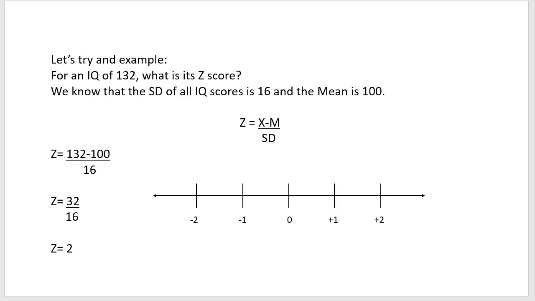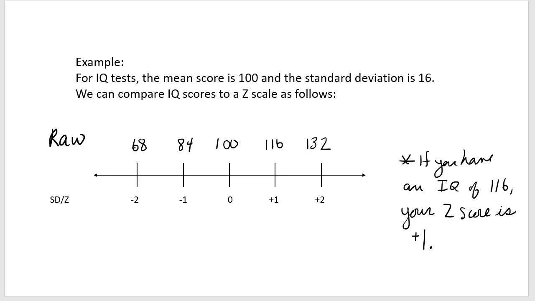So let's go to the continuum so we can look at where we got our raw IQ score of 132. 132 is the standard deviation +2. That's because the standard deviation of all IQ scores is 16. 100 plus 16 is 132.